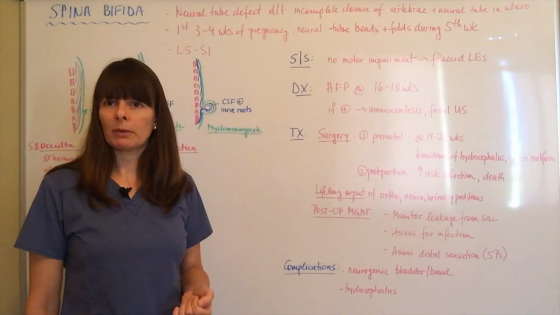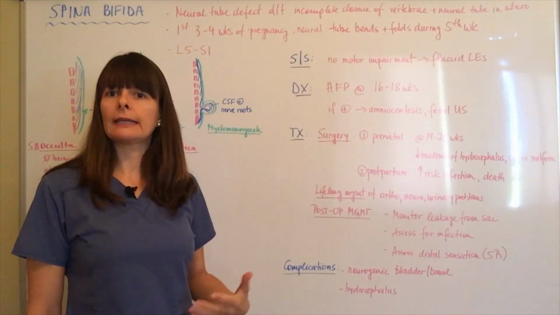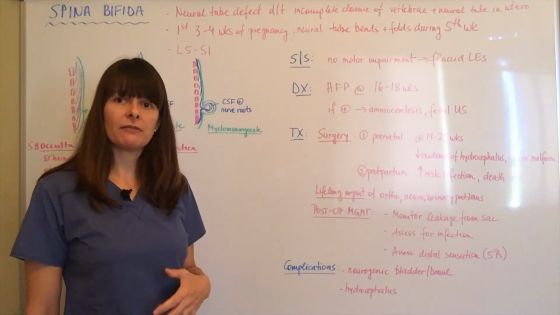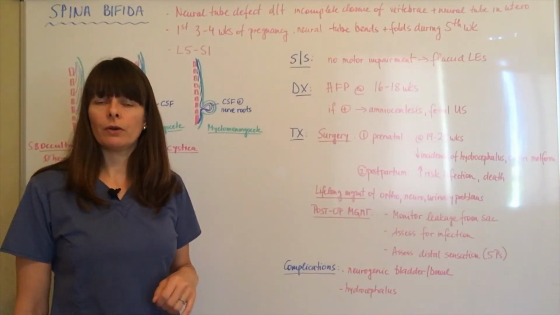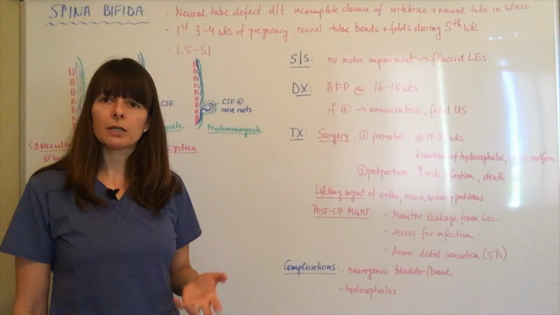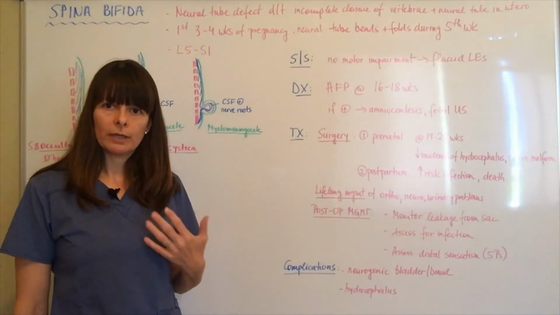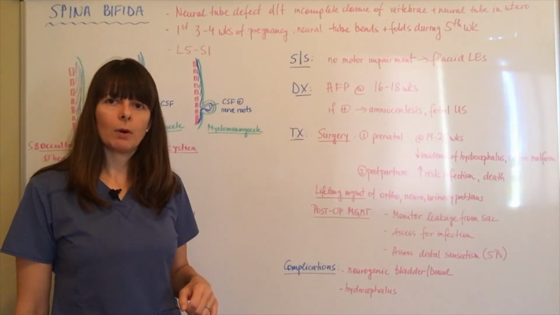Another complication is constipation, because again, they don't get the sensation that they have to defecate. Therefore, there's going to be a very strict bowel regimen, keeping them hydrated so that they can hopefully defecate normally.